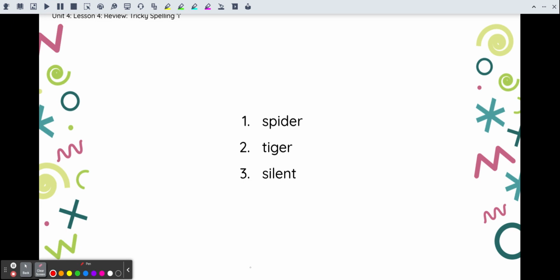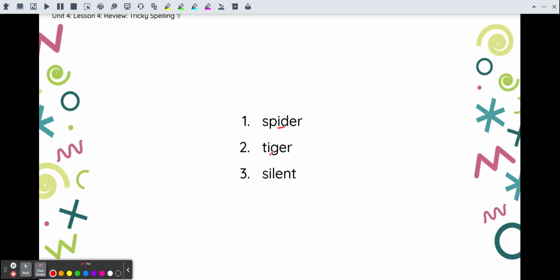Remember that in multisyllable words, the letter I is pronounced as the I when it comes at the end of a syllable. Let's look at these words on the screen. And let's see where the I is.